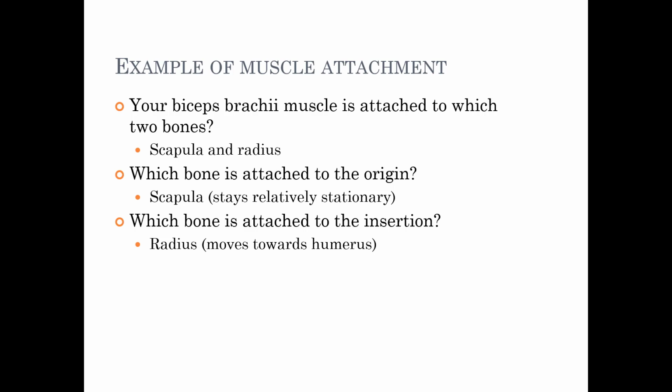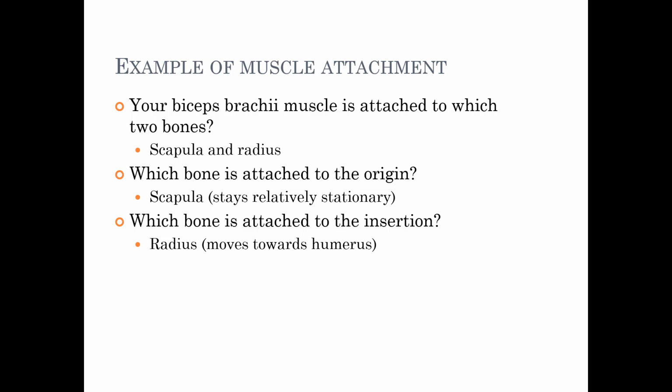However, contraction of your biceps brachii muscle causes your lower arm to move relative to your upper arm. It is attached to the scapula right basically at the joint with the humerus, but it's going to move your lower arm relative to the humerus. So when your biceps brachii muscle contracts, the scapula doesn't move.